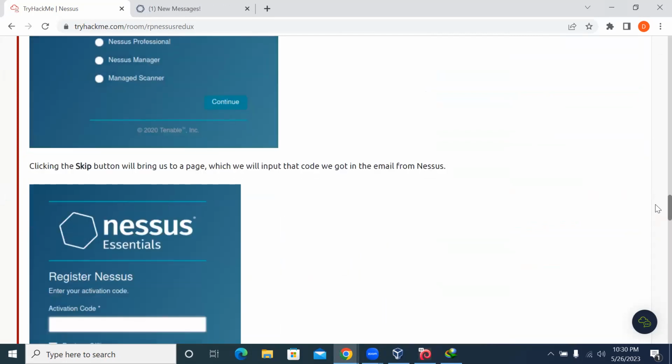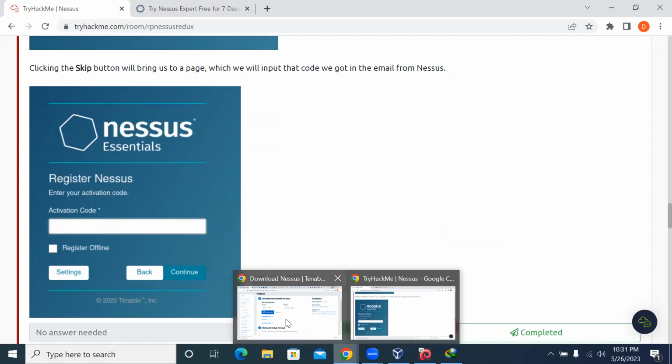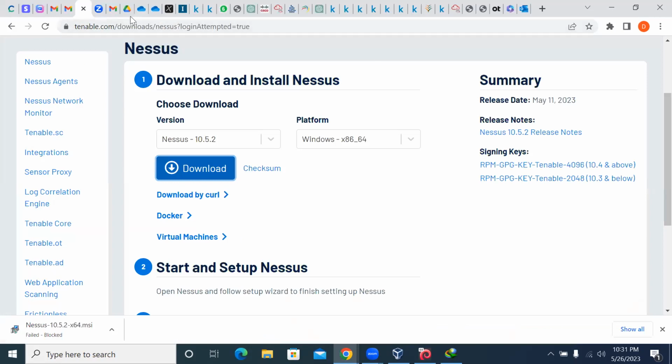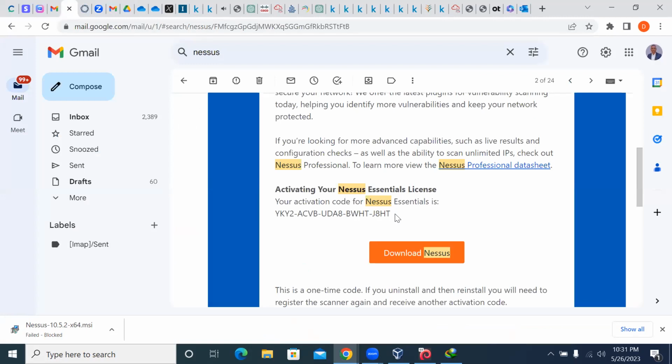You can just follow the steps that are here. The activation code that will be sent to you, you copy it and drop it there. Like this one that I am downloading, they sent me an activation code. If you put in your email and so on, they will send you an activation code like this.